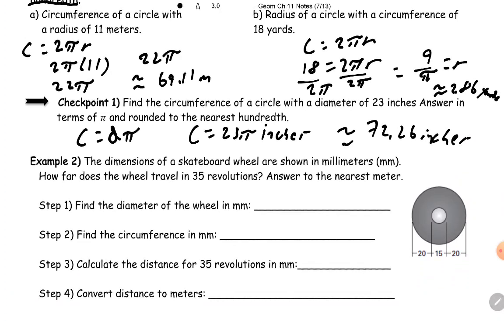Dimensions of a skateboard wheel are shown in millimeters here. How far does the wheel travel in 35 revolutions? So we're trying to find the circumference of this circle and then multiply it by 35 to get the distance.